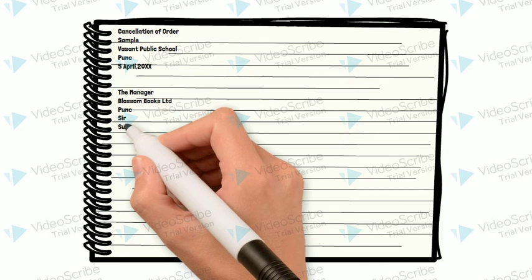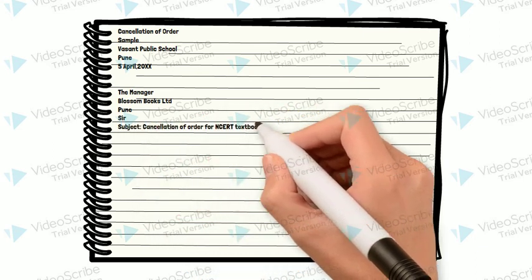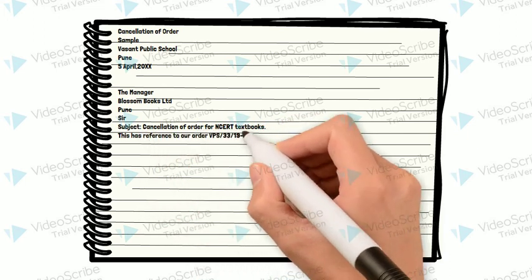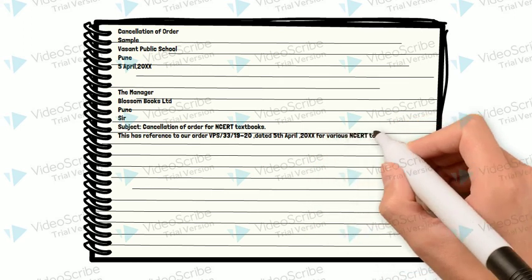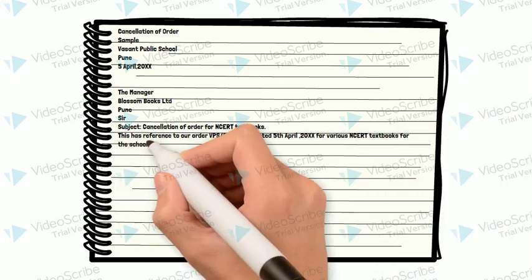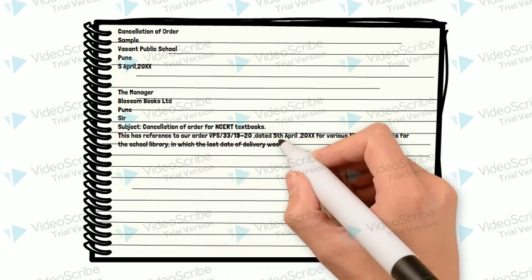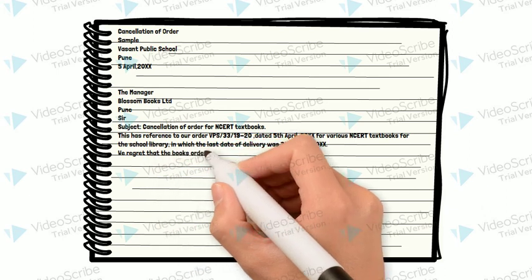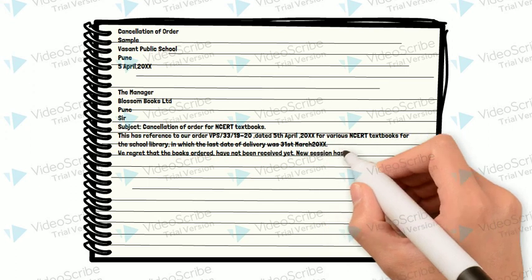So we have here a sample of the cancellation of order for the NCRE textbooks. So after writing the usual sender's address, date, receiver's address, subject, that is cancellation of the order for NCRE textbooks, the first paragraph states the reference number of the order. Second paragraph talks about the reasons of cancellation of the order.